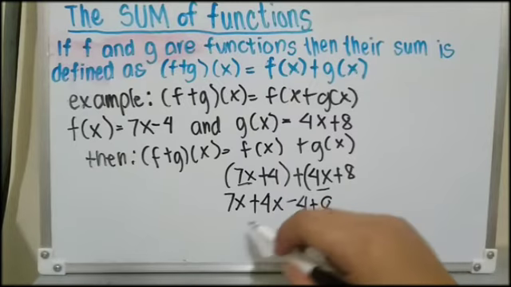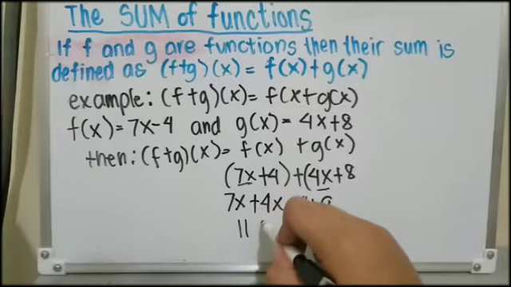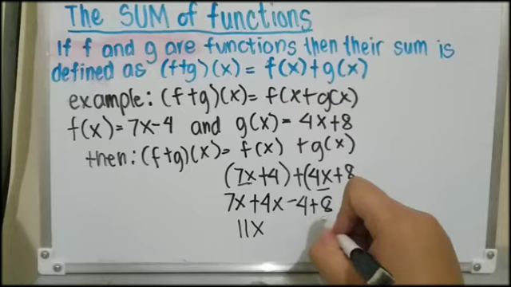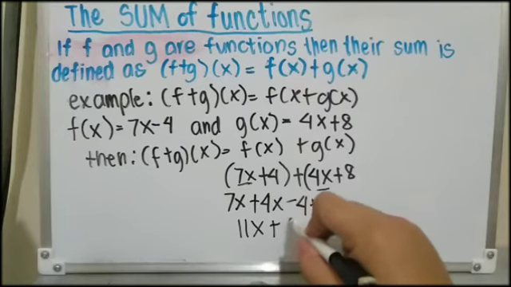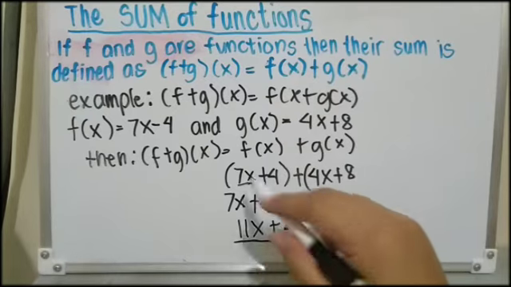So all you need to do is to combine like terms. 7 plus 4 is 11x, plus negative 4 plus 8, that would be positive 4. So that is your answer for example number 1.